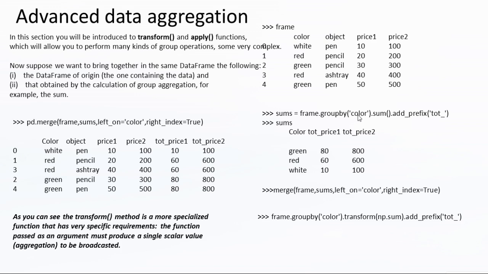But the difference here is we want to bring together more things during grouping. I will have the original data, that is the color, and I will also do grouping based upon the calculations. So advanced data aggregation involves grouping based upon two things. The first is the original data which is already there in the data frame, in this case the color.